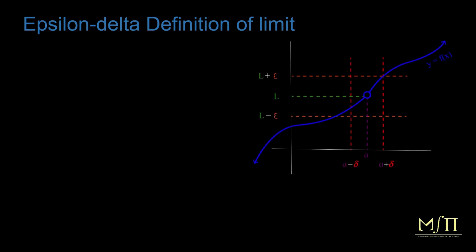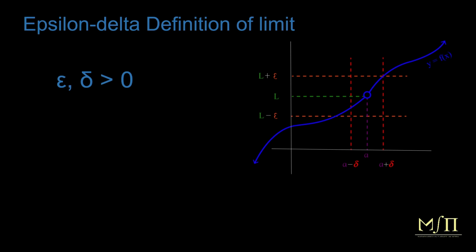Now there's a better definition of limit, and the definition is the epsilon-delta definition. Let's see what it says. Consider a function y equals f of x. Points a minus delta and a plus delta lie on the x-axis. Similarly, points L minus epsilon and L plus epsilon lie on the y-axis, where epsilon and delta are positive numbers.